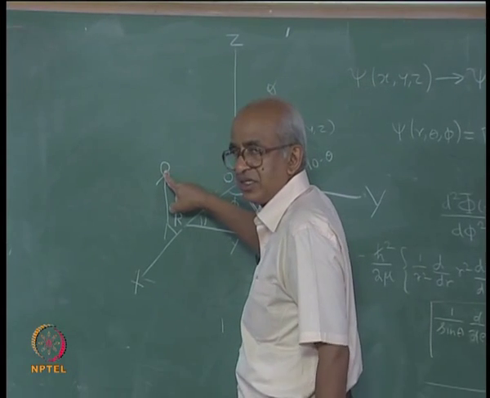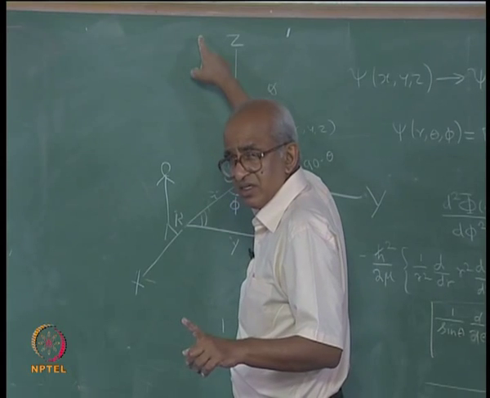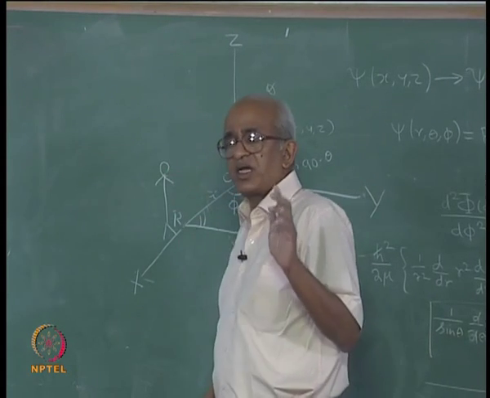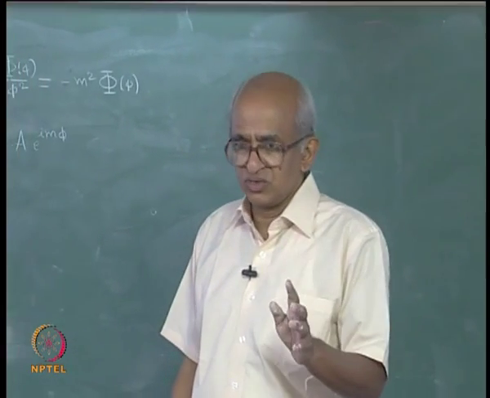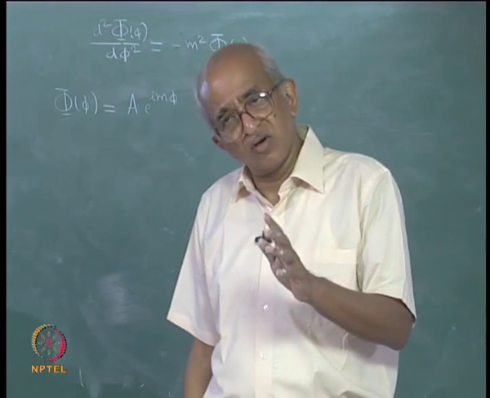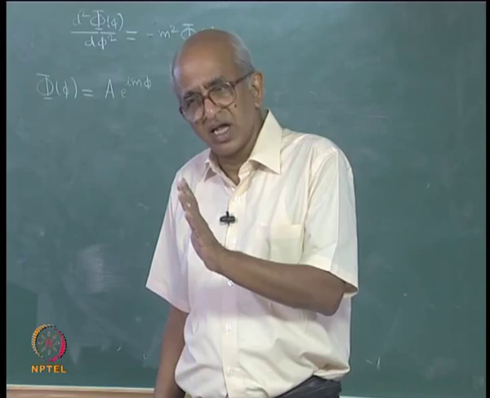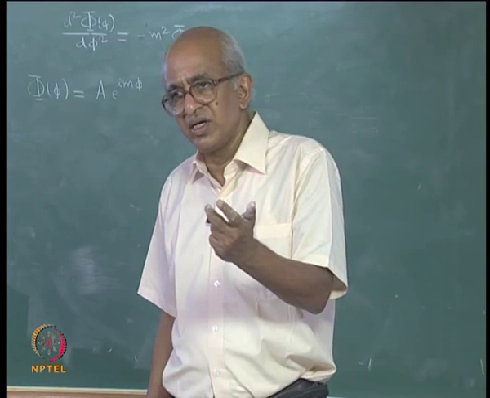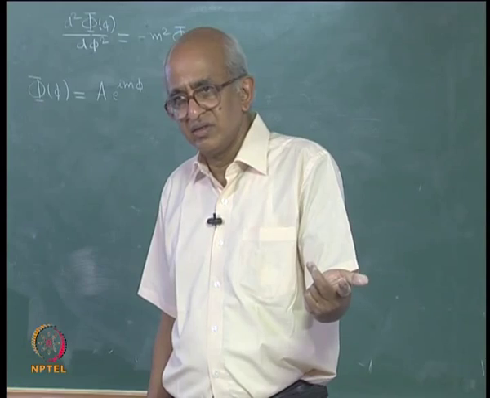So, my head is in the plane formed by the positive x axis and the z axis. So, if that is where I was standing, then you know that the value of phi is equal to 0. But you can also say that in the same plane the value of phi can be thought of as 360, which is 2 pi radians.